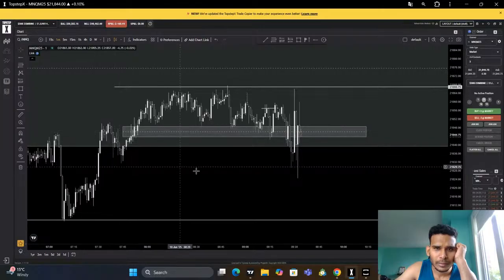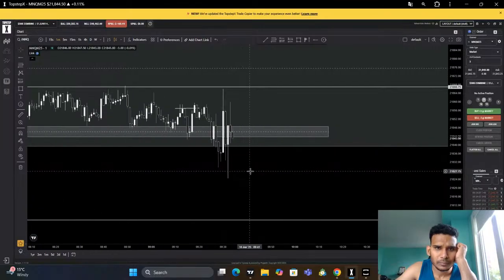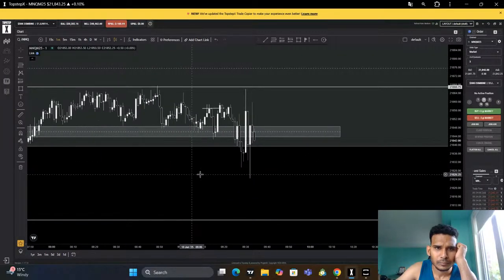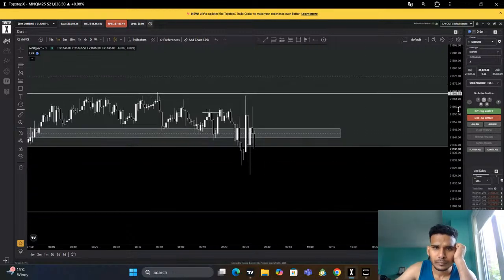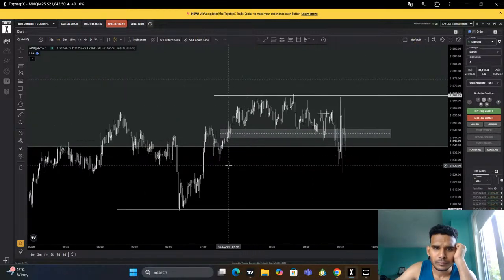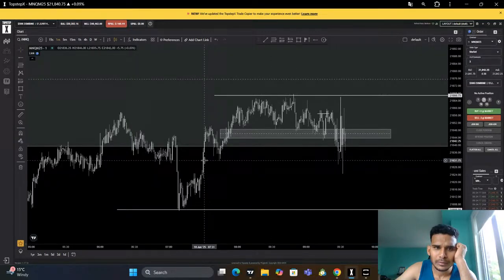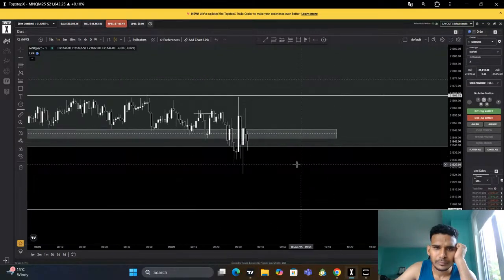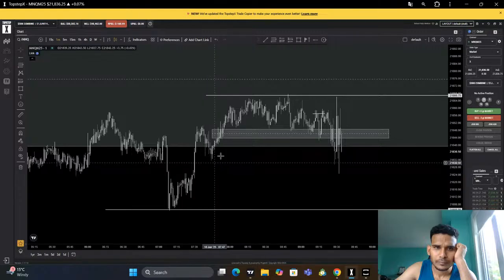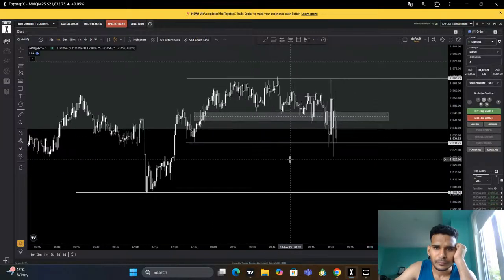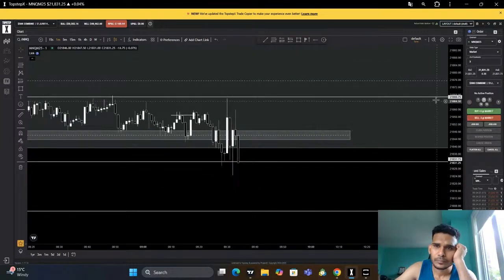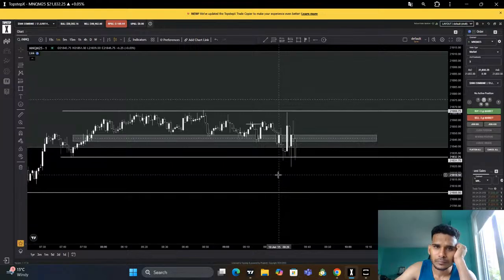Some sort of liquidity has been swept at the low. It's not a big liquidity, but it's inside this value gap. It's a sweep. Okay. Some sort of liquidity has been swept here. Beautiful.